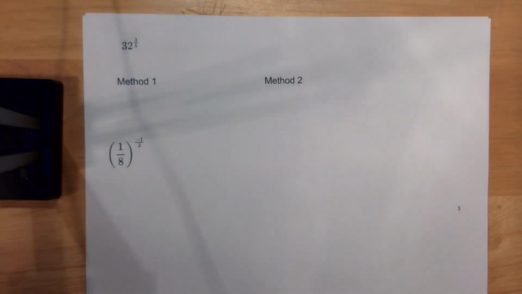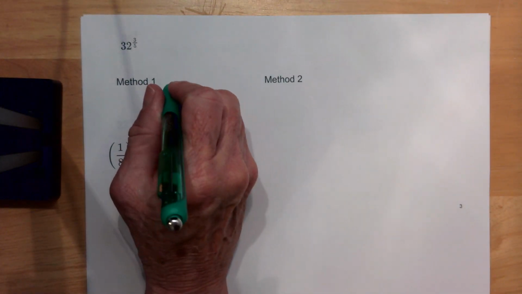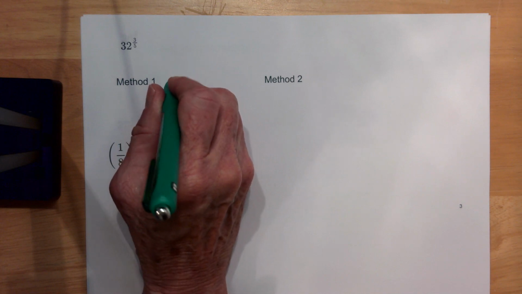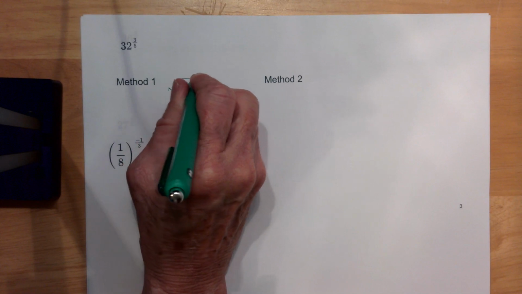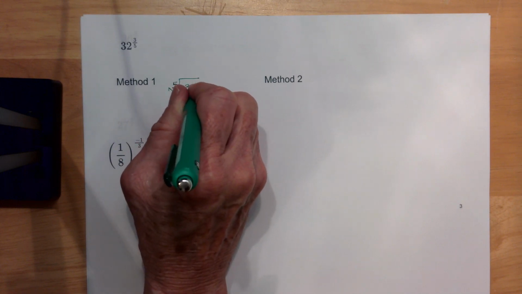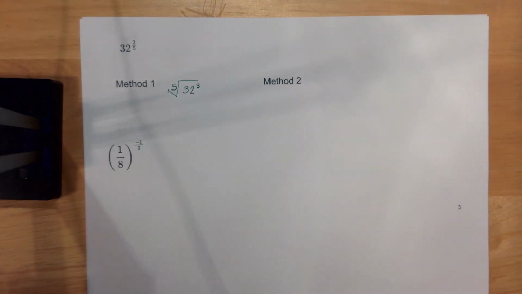Okay, let's do another one. I have 32 to the 3/5 power. The first method is to change it to radicals, so I could have the 5th root of 32 to the 3rd power. I've got to figure out the 5th root: 32 is 2 to the 5th power, I believe. Let me double check that.